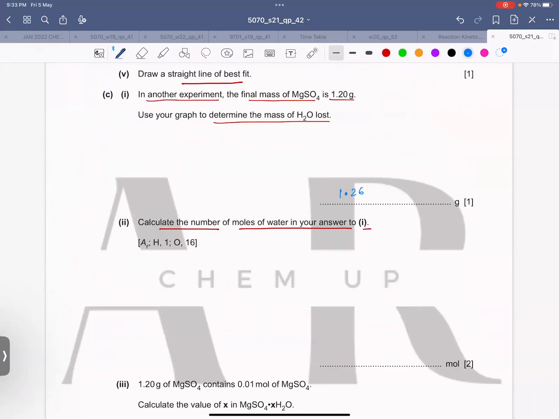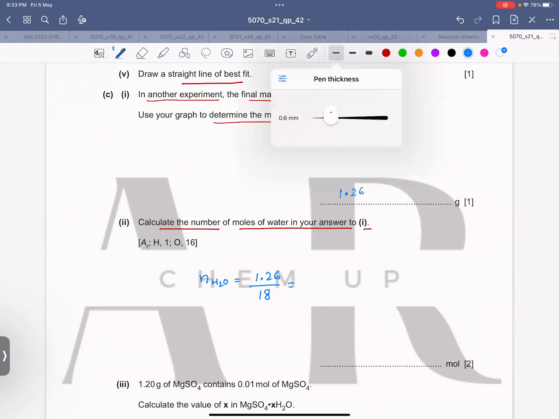So it would be easy: moles of water must be equal to 1.26 divided by 18, its Mr. So can anybody tell me the answer? So 0.07. 0.07 moles.